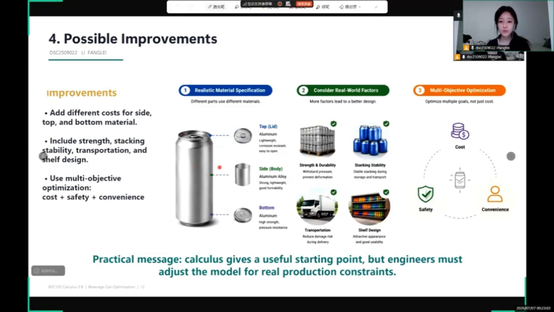We can also add physical constraints, such as strength requirements or stacking stability during transportation. In addition, we can extend this into a multi-objective optimization problem. Instead of only minimizing cost, we can also consider other factors such as safety, durability, and user experience. This would make the model closer to real industry design problems.